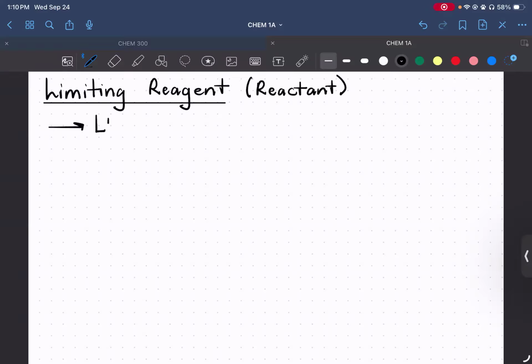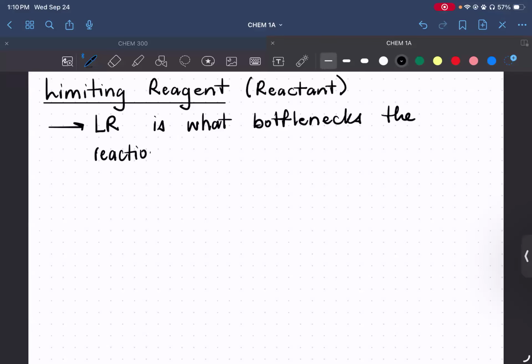In principle, the limiting reactant is what bottlenecks the reaction. The reason why we call it bottlenecks is because once the limiting reactant is used up, meaning once it's finished, the reaction stops.